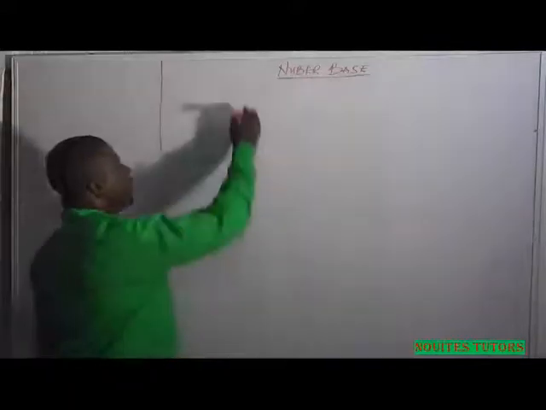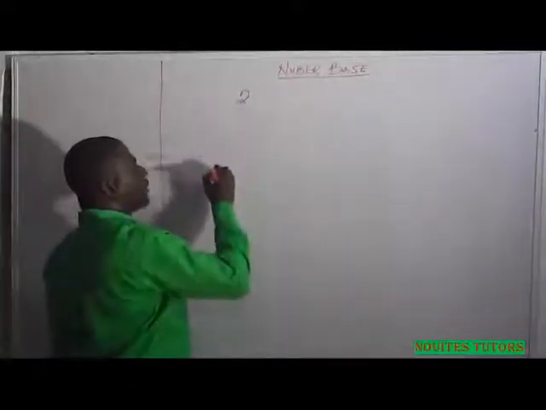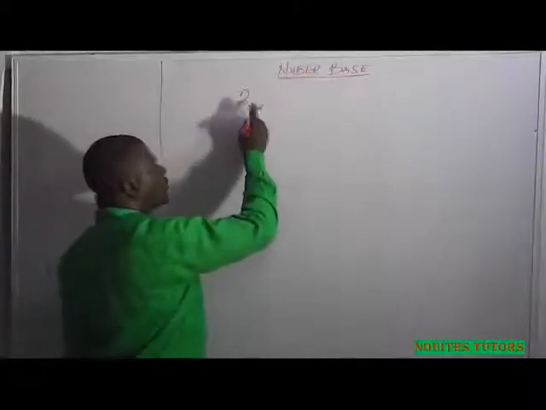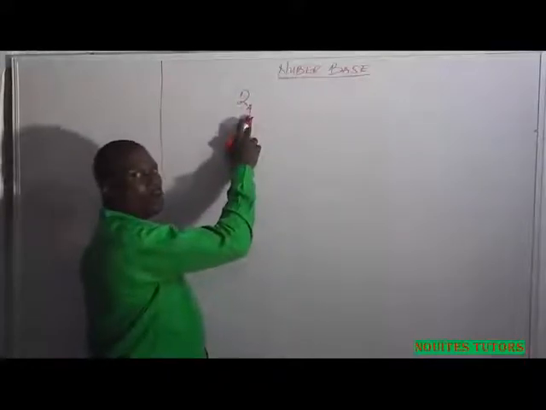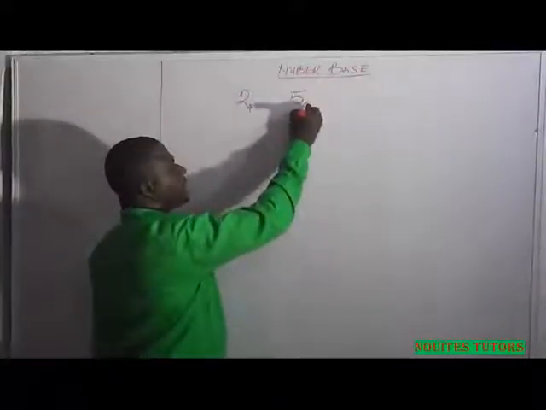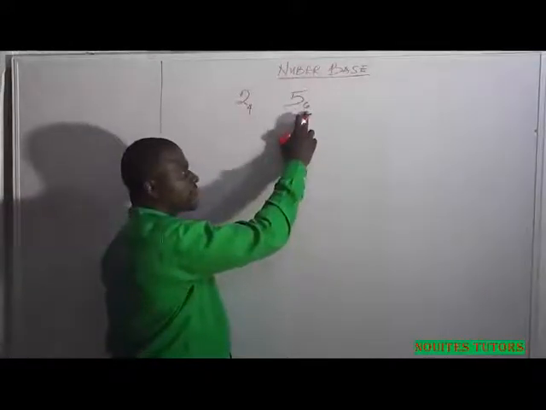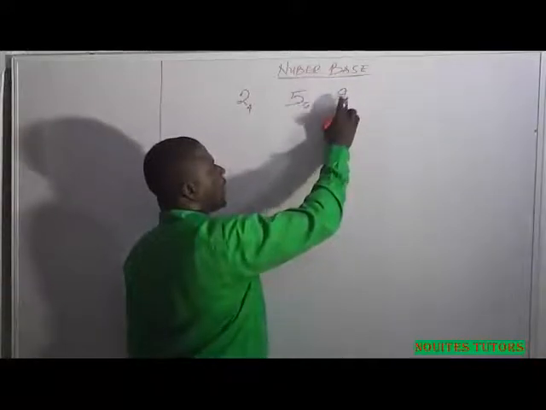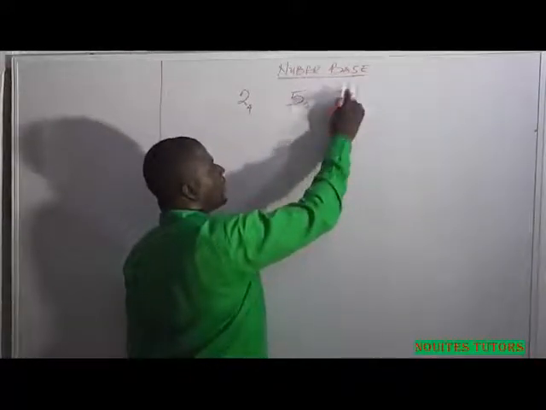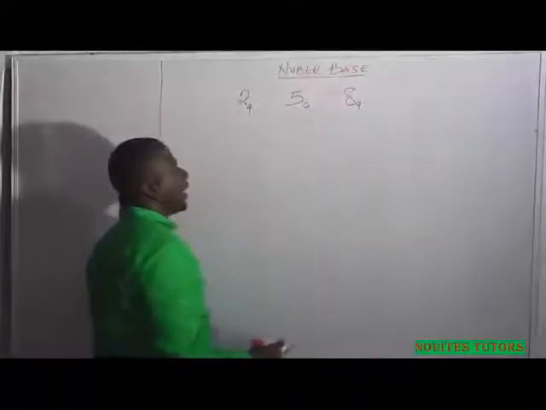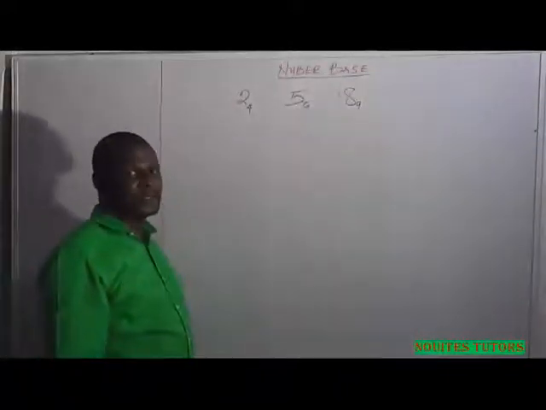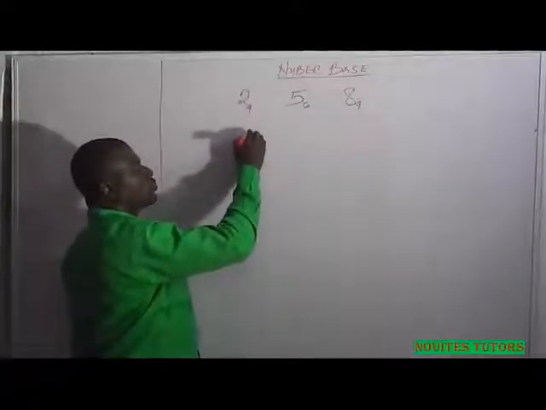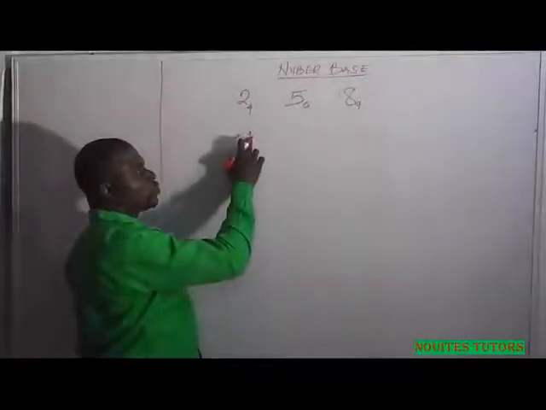Okay? Now, like I said, if I write 2 like this, and I write 4, this is 2 base 4. If I write 5 and I write 6, this is 5 base 6. If I write 8, 9, this is 8 base 9. But when you have the number on top, like 2, 4 on top like this, this one is called power.